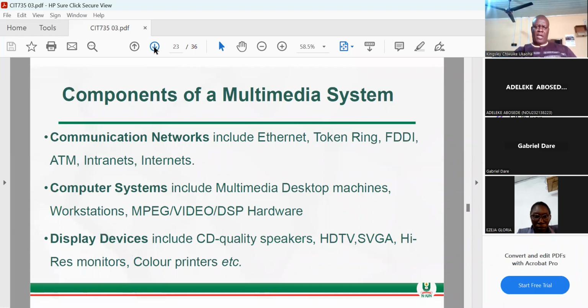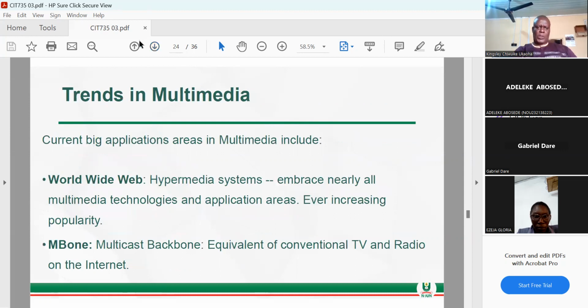If you are working within a company, you may have an intranet, indoor communication. We need a computer system, multimedia desktop machine, workstations, and display devices, which include CD quality speakers, high definition television, high resolution monitors, color printers, and so on.